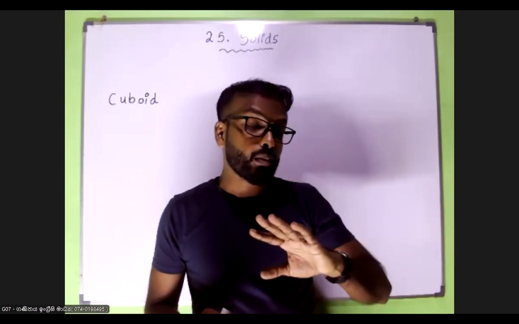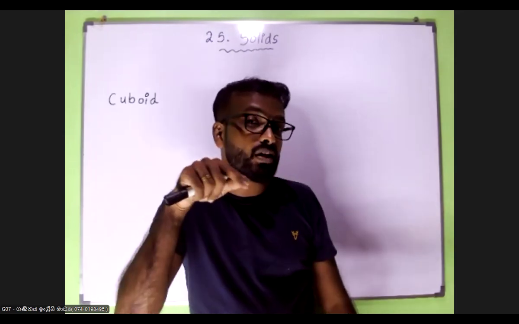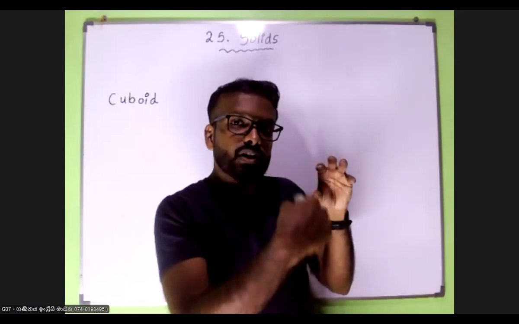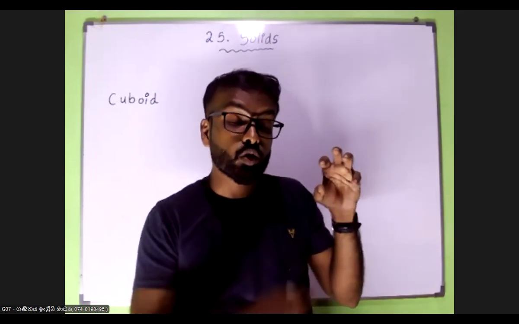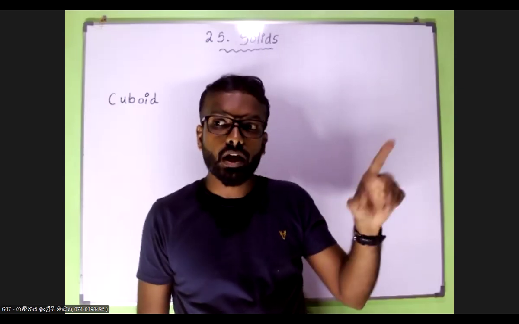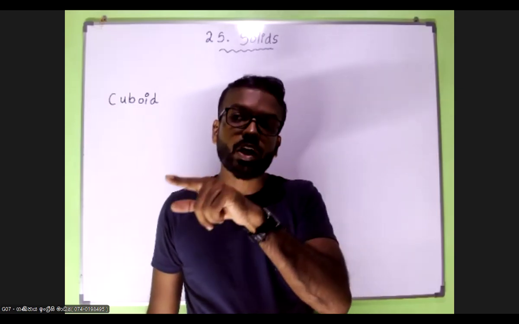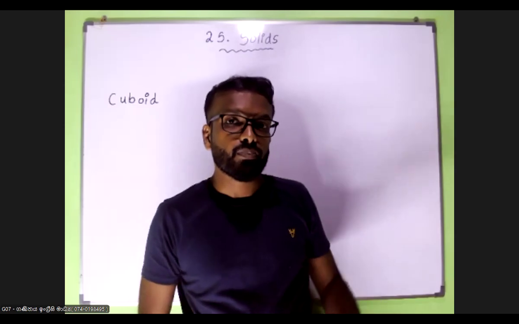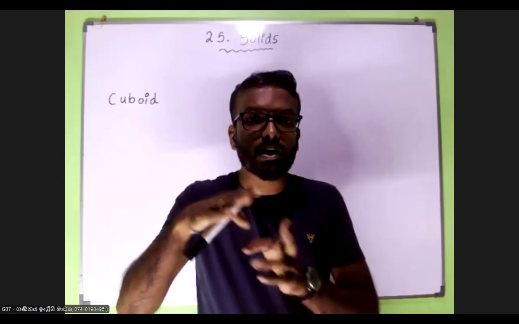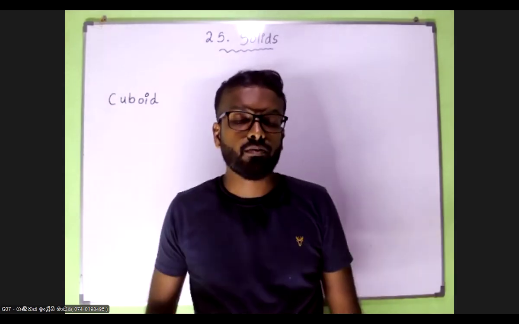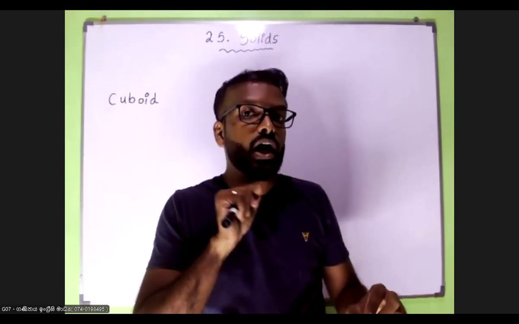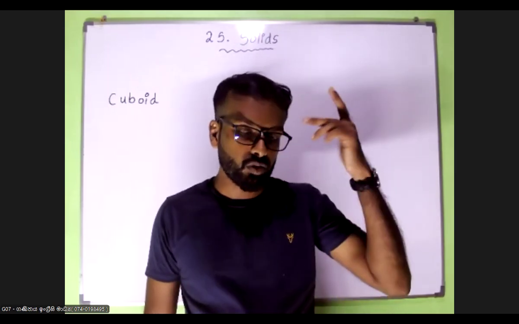If you can remember, the type of surface of a cube is a square. What is the surface of a cuboid? Is it a rectangle, a triangle or a square? For a cuboid, the surface type is a rectangle. You need to remember that.